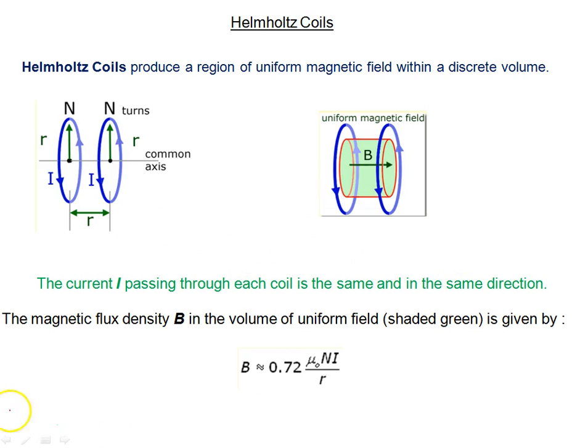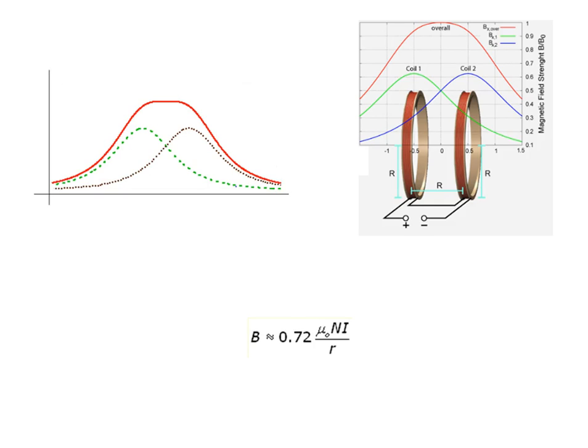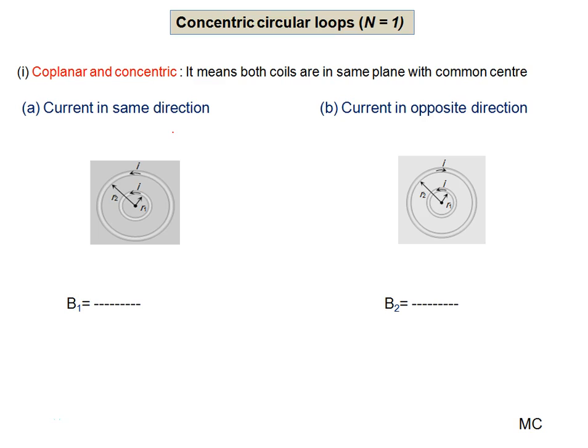And again I will tell you the Helmholtz coil setup, current should be in the same direction, and this is the expression of the magnetic field intensity in the volume, that is maximum. You can say it is 0.72 mu naught N i upon r. You can also understand this with the graphical treatment, due to the first coil, due to the second coil, and due to superposition, that is the red color.